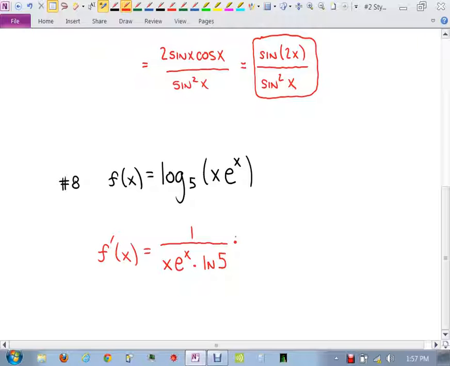Times, chain rule, go inside. What's the derivative of what's inside? That's a product rule, right? So I have derivative of the first one, which would be 1 times e to the x plus the derivative of e to the x, which is itself, times x.